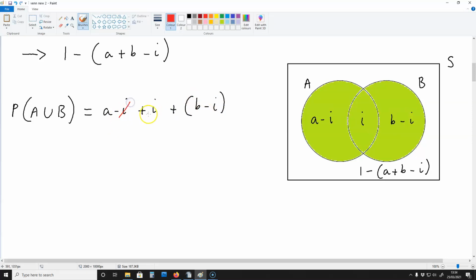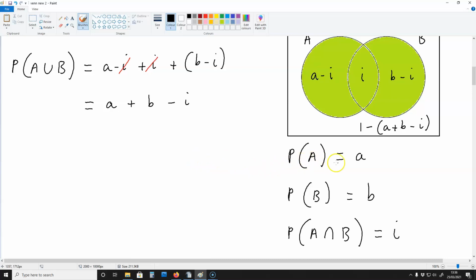Now these I's over here cancel each other out, so what we're left with is A plus B minus I. Now, going back to our definitions over here, this will give us the probability of A plus the probability of B minus the probability of A intersection B. Okay, and this is the addition rule in probabilities.